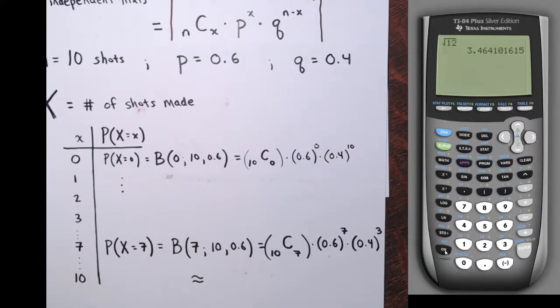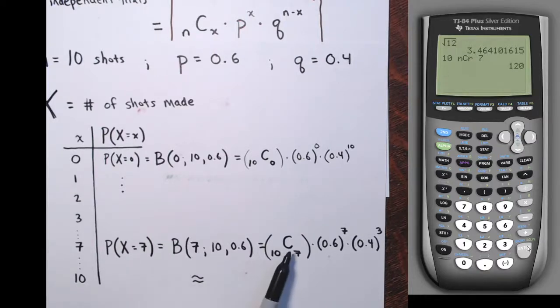Remember how to enter that 10 choose 7. I enter the number 10, hit the math button, go over to that probability area, PRB, and there's nCr. So here's 10 choose 7.